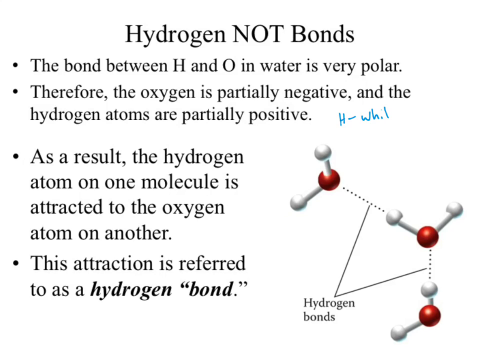Hydrogen is our white color. Oxygen is our red color. So we've got H2O in both cases. What charge does our red oxygen build? I heard a negative. Why does it build a partial negative?